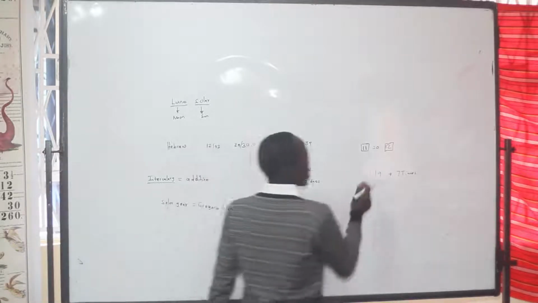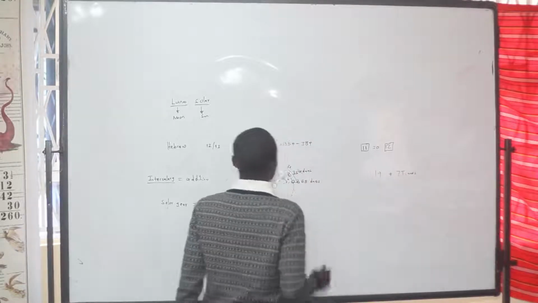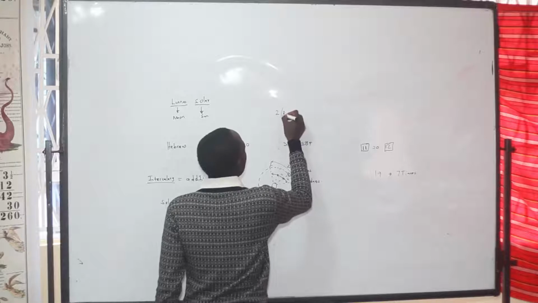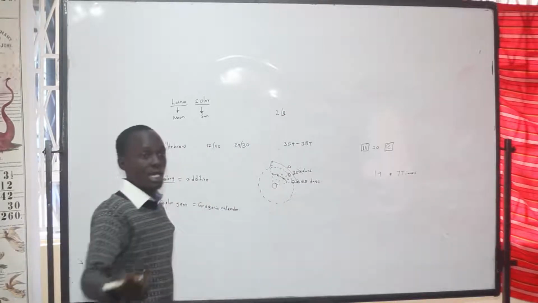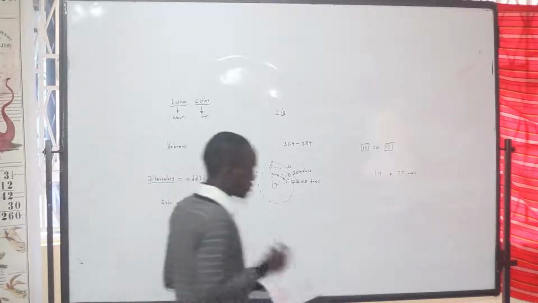So in a Metonic cycle, they will intercalate a full month how many times? 7 times. So after 2 or 3 years, they will do that intercalation. They will add that lunar month.